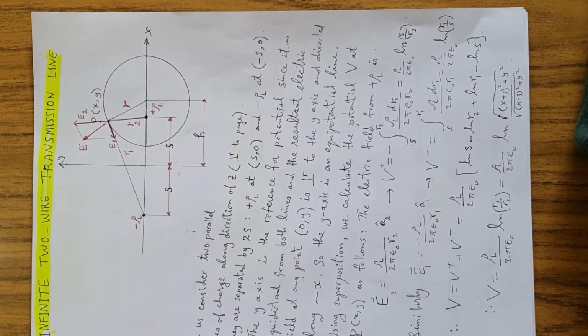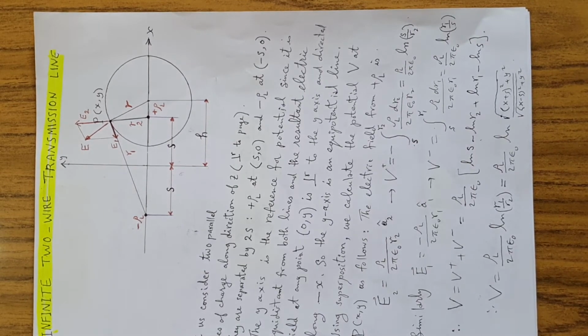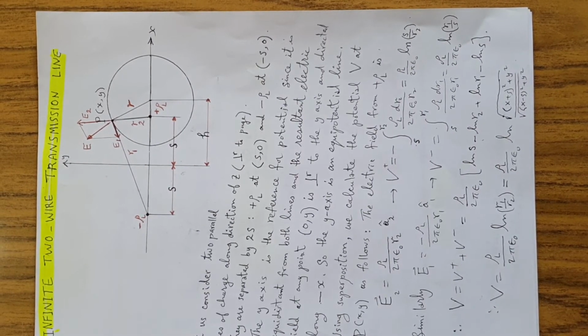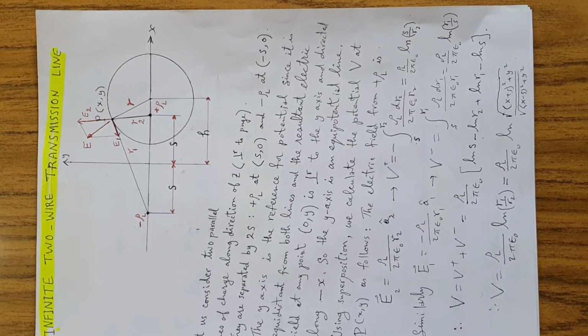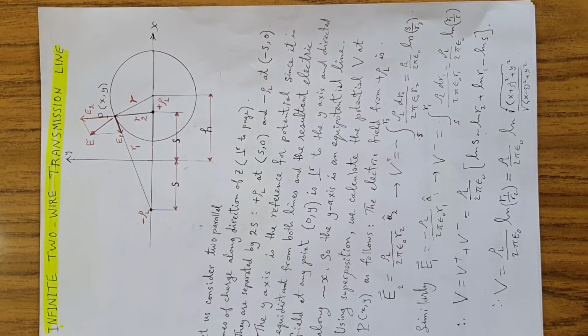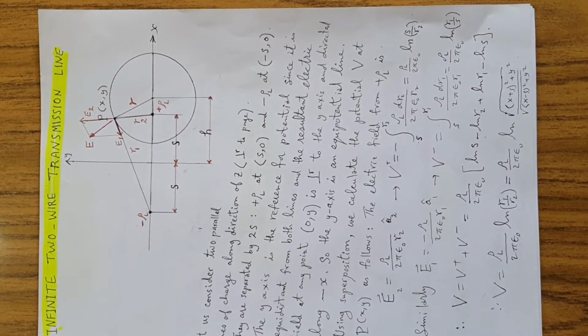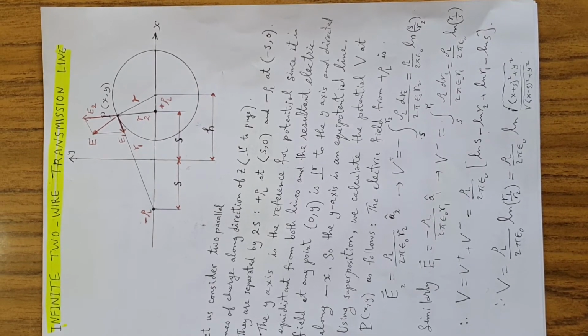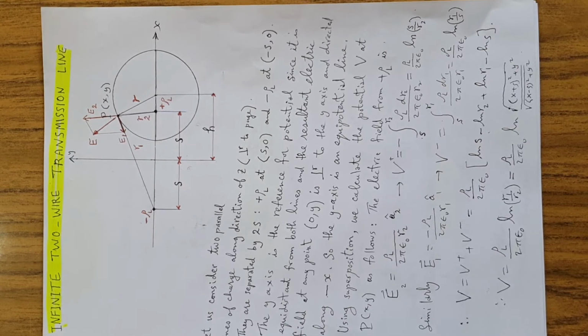Okay, so now if we calculate the electric field, we know for a line charge plus rho L, E2 is rho L over 2 pi epsilon naught R2, as seen in the figure, in the direction of A2, the direction of R2.